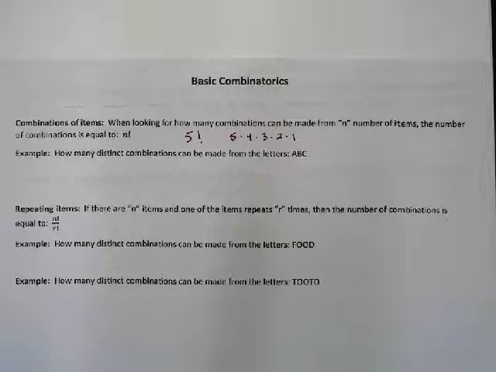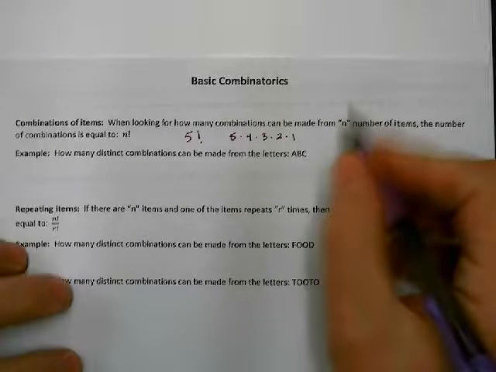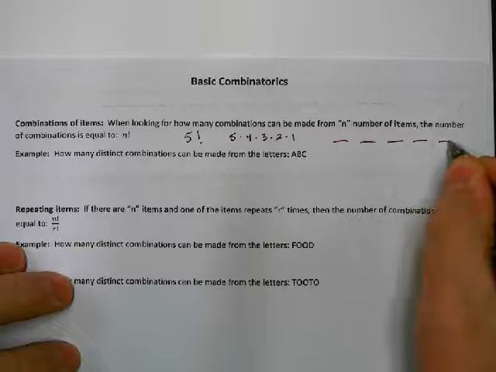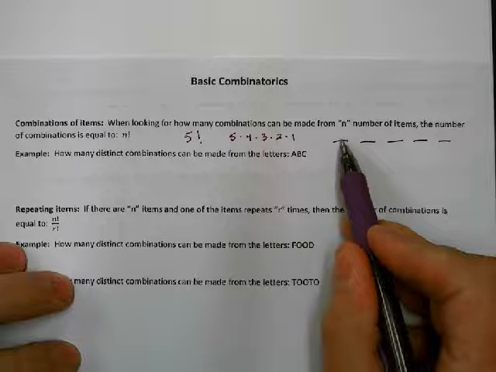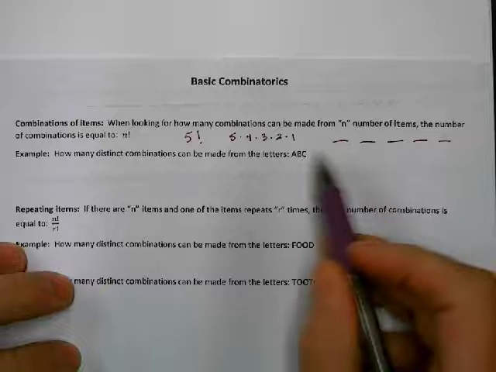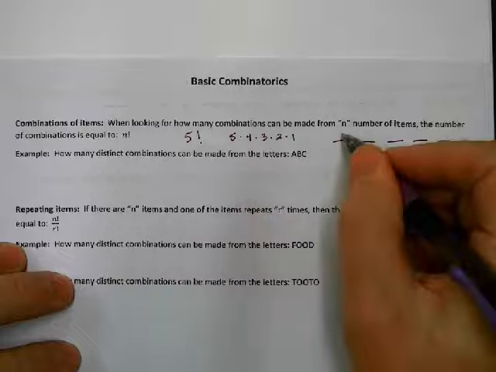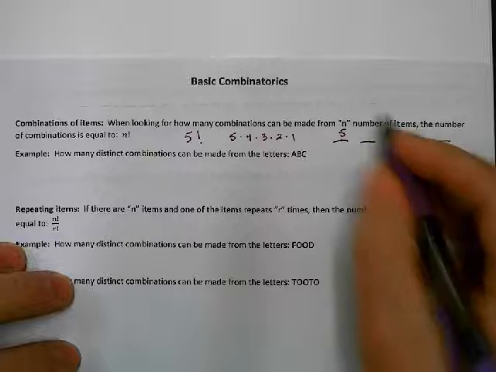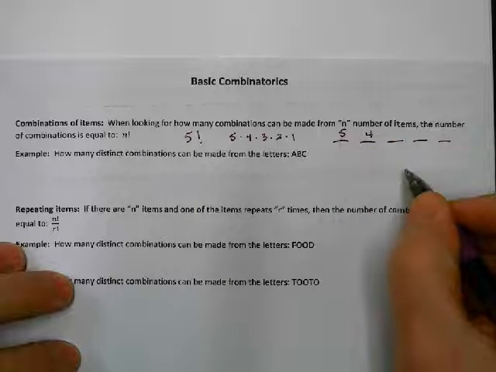Now the reason is, if we have 5 items and we've got 5 places to put them in, the first item we plug in has 5 different choices. The second item, now there's 4 choices because we've already used one of them.